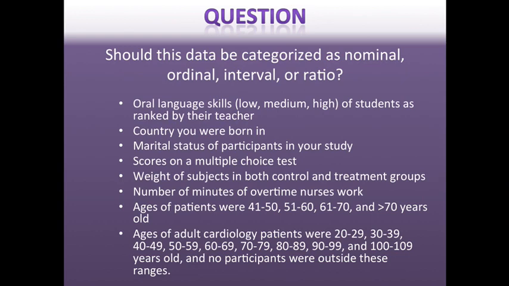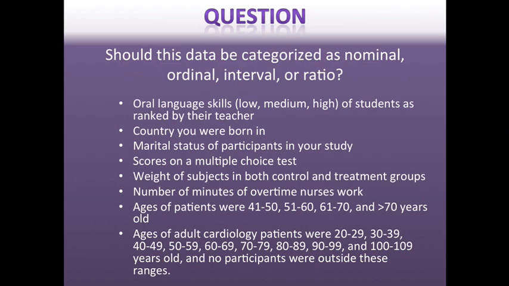Or does a test actually measure equal intervals? Well, you have different questions on the test, and they have different difficulties. So if someone misses a really hard question and another person misses an easy question, does that actually mean the same thing in terms of actual knowledge? So you could quibble about this, but very often it'd be treated as ratio data.